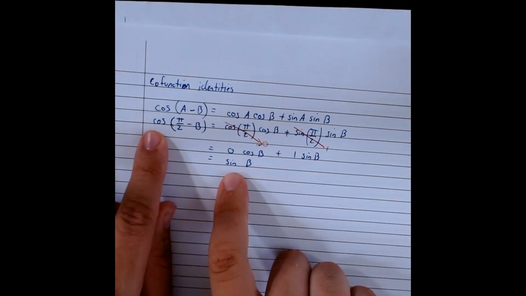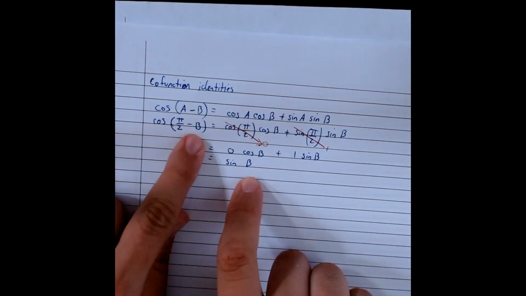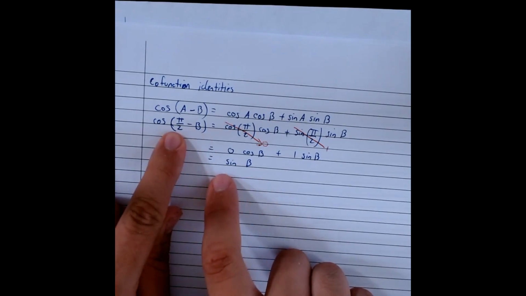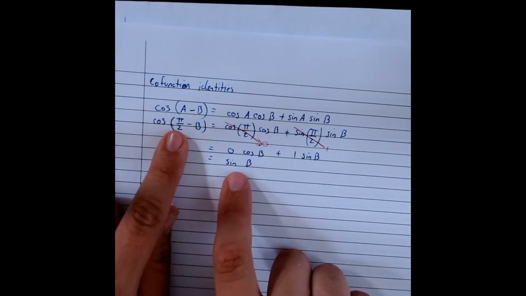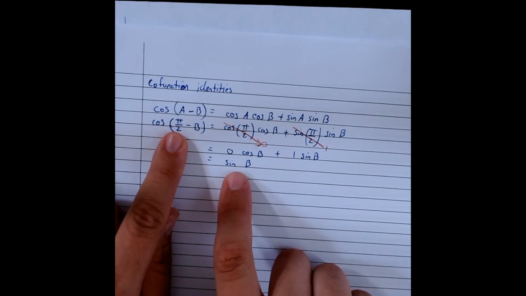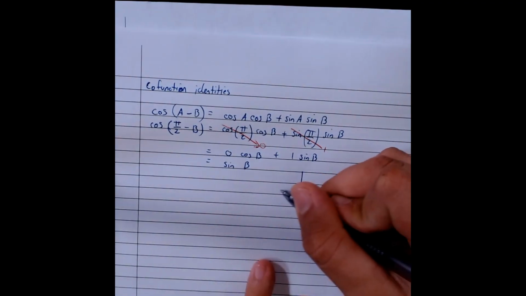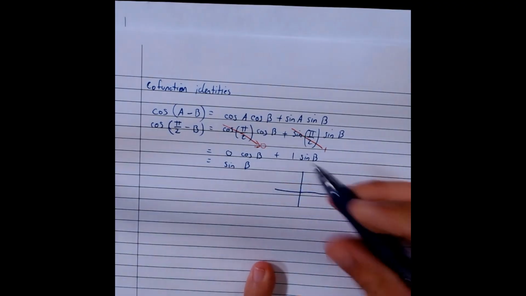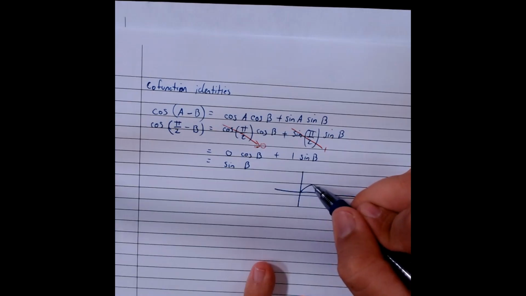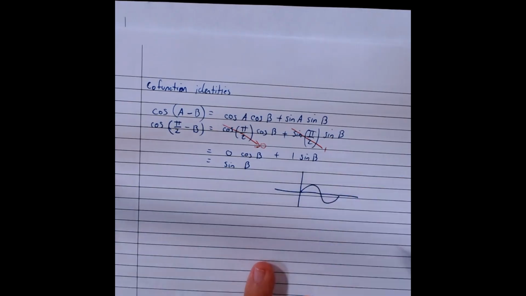Hey, the cosine and the sine are the same result as long as they're shifted over by pi over 2 radians. Or, if you prefer degrees, 90 degrees. This is something that we see immediately when we look at their graphs. If you look at the graph of the sine function, it looks like this.